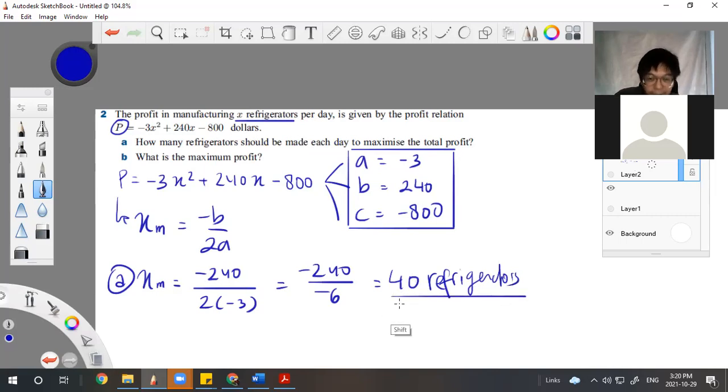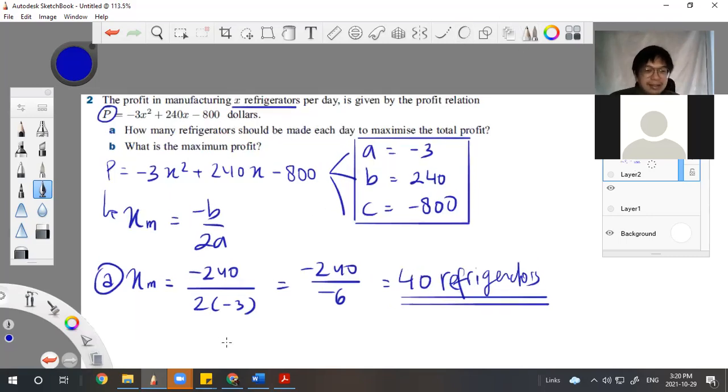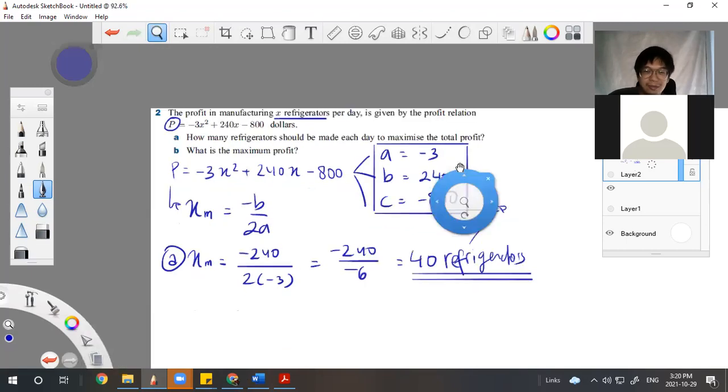Sometimes you think that, okay, in one company, when I make more product, I can get more profit. Not necessarily like that. Let's see. Negative 3x squared plus 240x minus 800. When you try to produce more refrigerators, that's the wrong thinking.